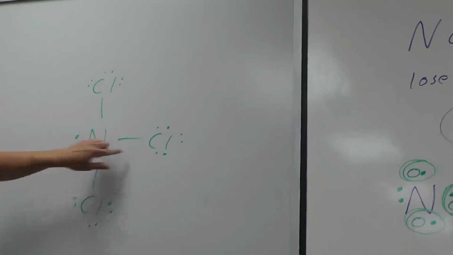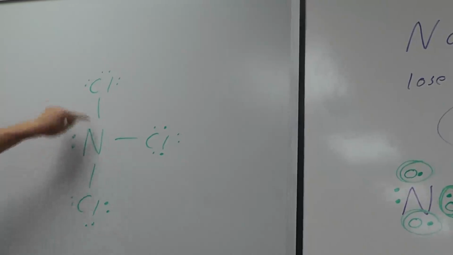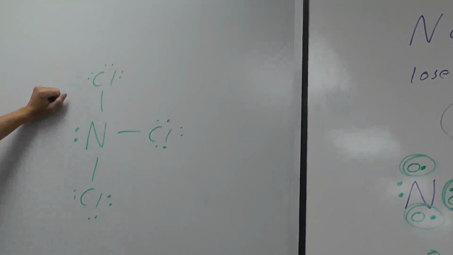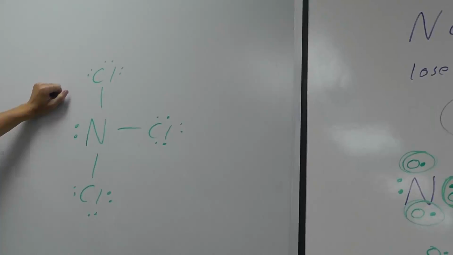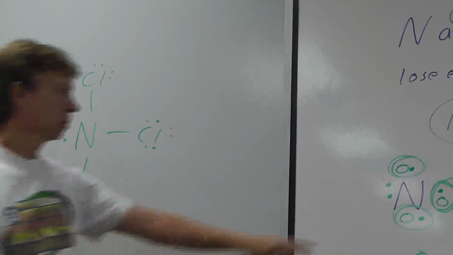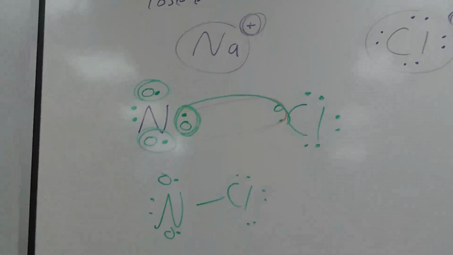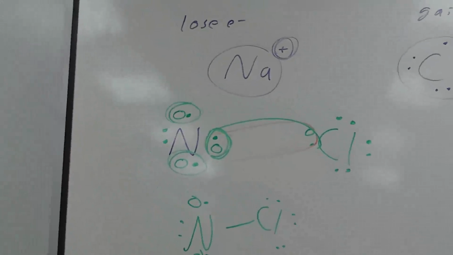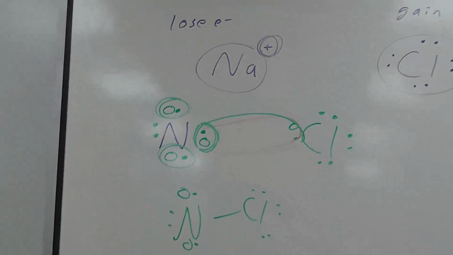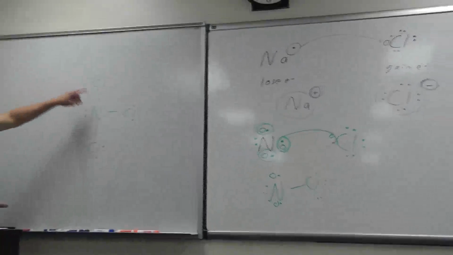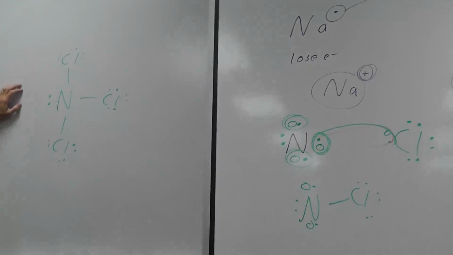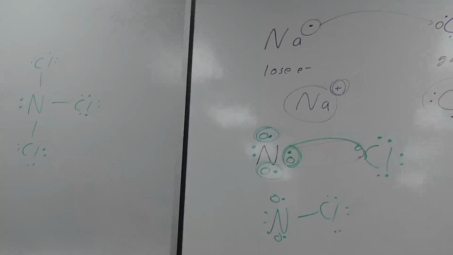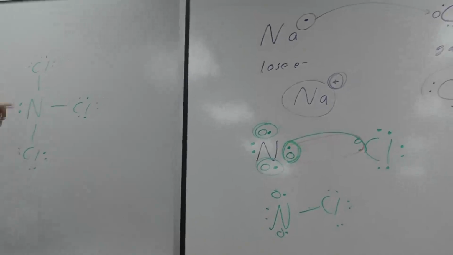Where in each of these bonds, the nitrogen contributes 1 to get 1. These 3 locations on the nitrogen are available for bonding. And so with each of those forming a bond, this is the proportions that you would have to have for nitrogen and chlorine to bond and be stable. Do you see how that comes out of Lewis dot symbols?